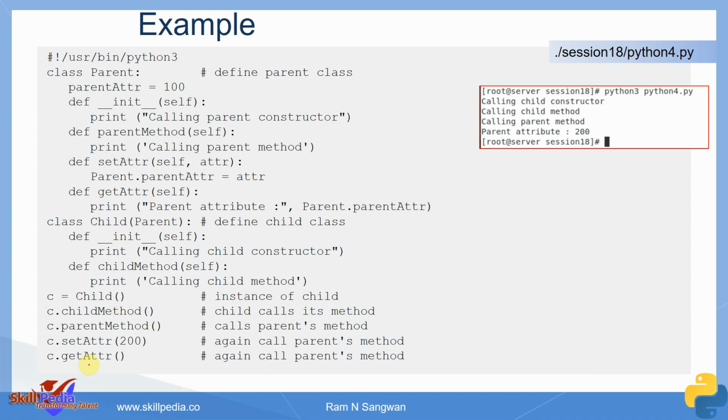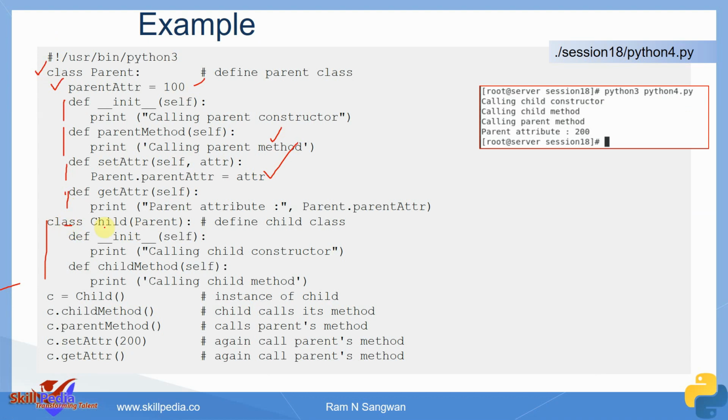This is an example, which is example number 4 in your source code, that is defining derived classes or inheritance. So here we see we are defining a parent class, parent attribute 100, an initialize function, a parent method calling the parent method, set attribute setting the attribute, get attribute getting the attribute, and then a child class which is derived from parent.